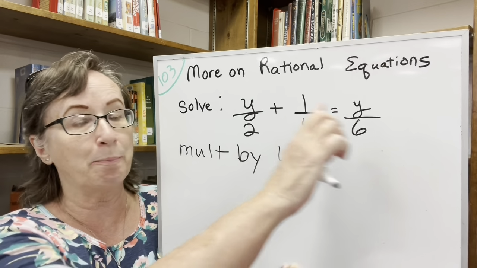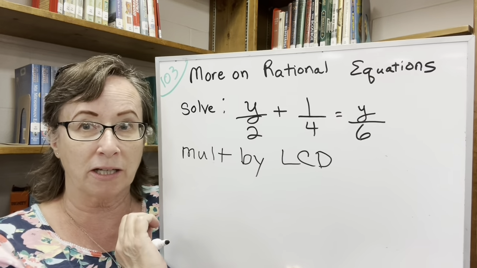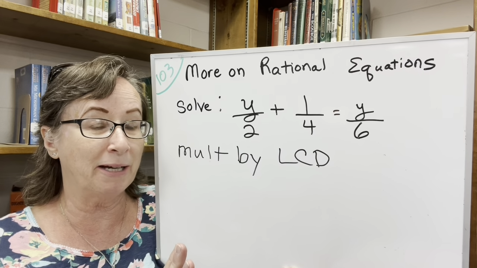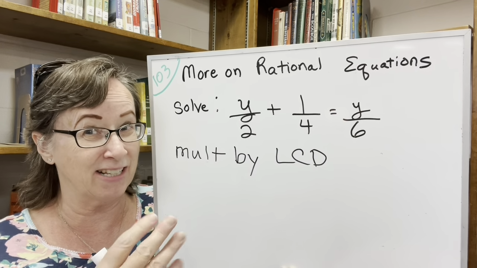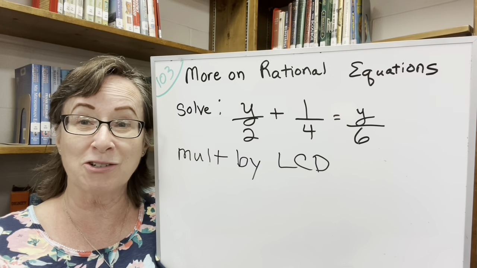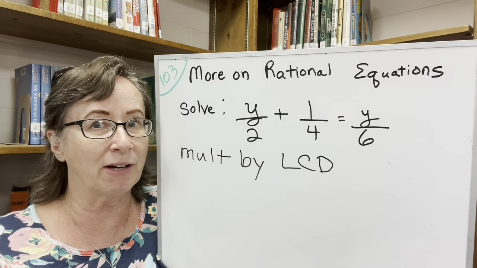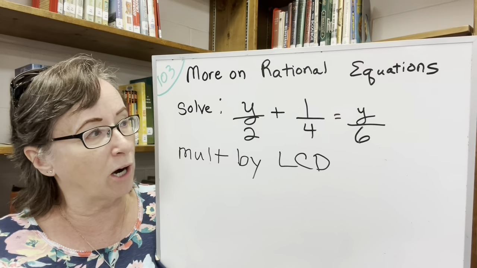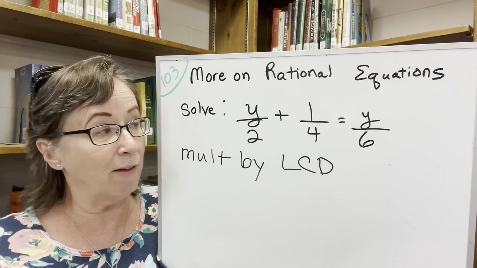So when we multiply both sides of the equation with that least common denominator, then once we cancel things out that can cancel, we don't have any denominators left at all. And it becomes very simple to solve for our unknown variable.